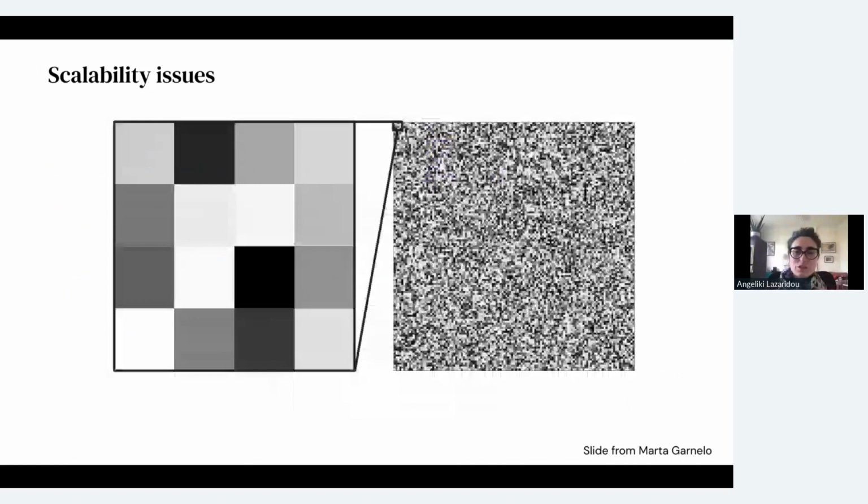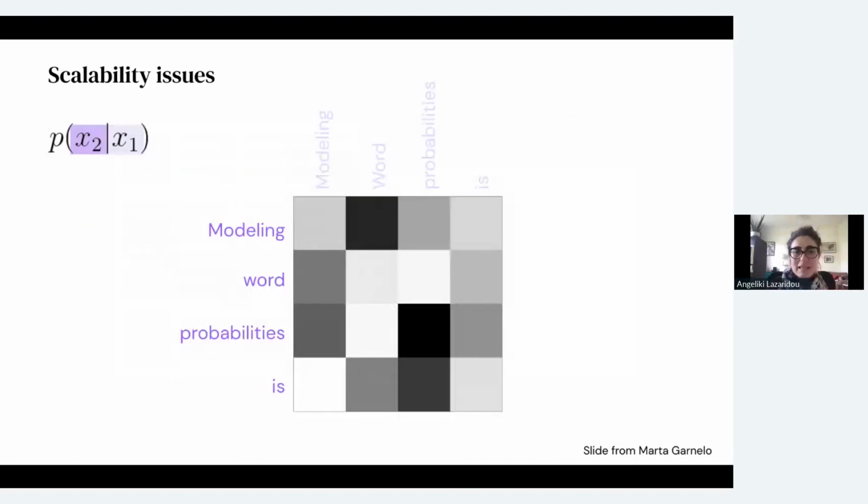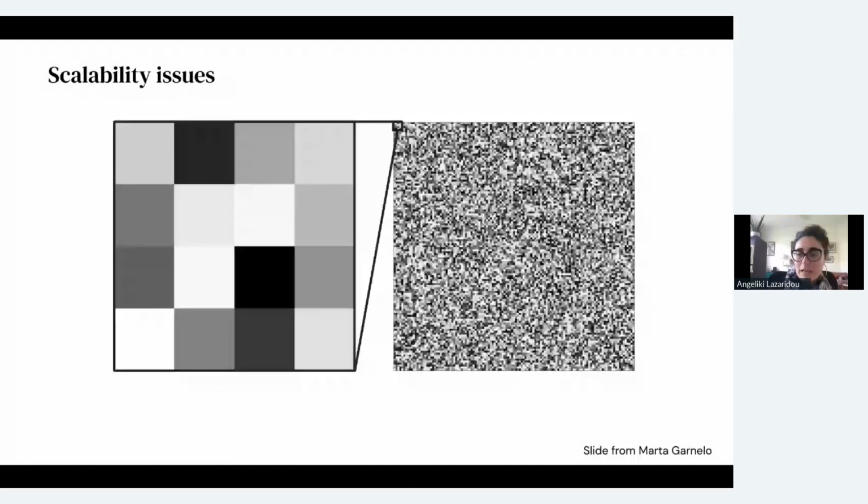The problem is that we can't just do this only for 2 words or for 4 words, because we don't just have 4 words. We have a large number of words out there. And actually the number of words is not even a closed class, it's open class. We constantly have new words coming up.